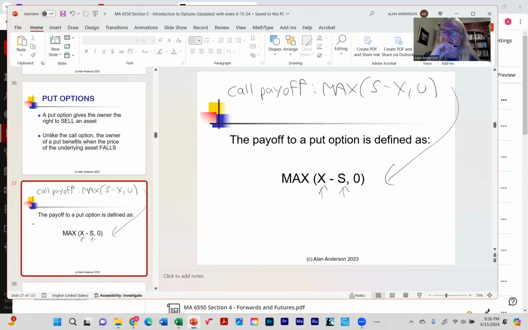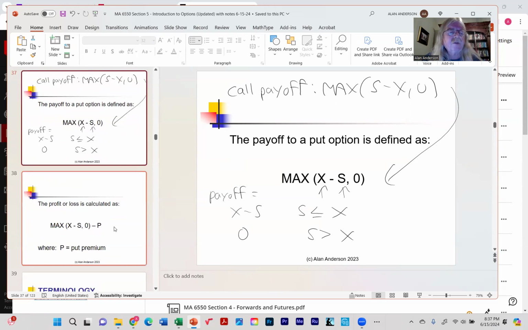Once again, max simply means the payoff is the greater of. Okay. So everything is reversed.